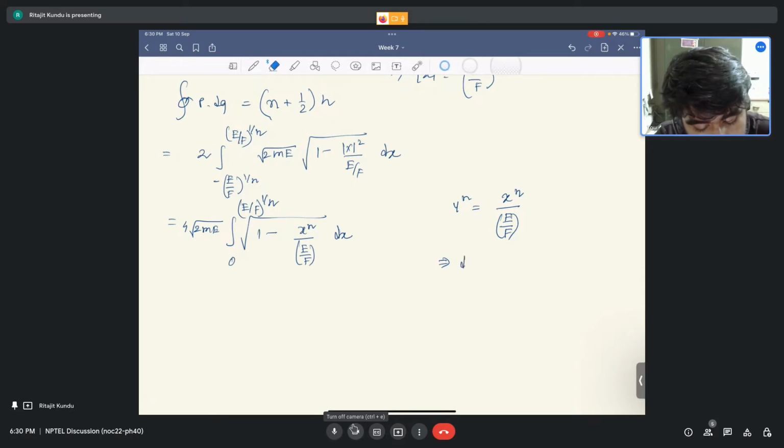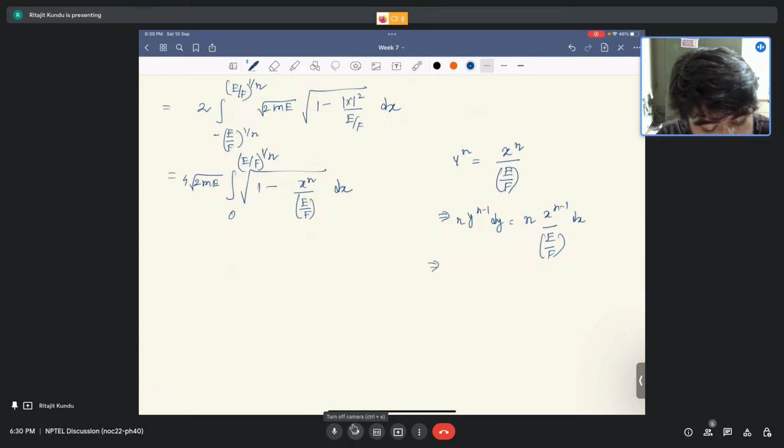So differentiating, n y to the power n minus 1 dy is n x to the power n minus 1 dx by E by F. I want to find the value of dx. The n from both sides will cancel, and dx will be given by E by F times y by x to the power n minus 1 dy.